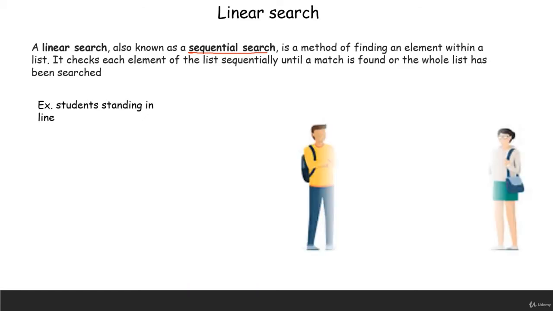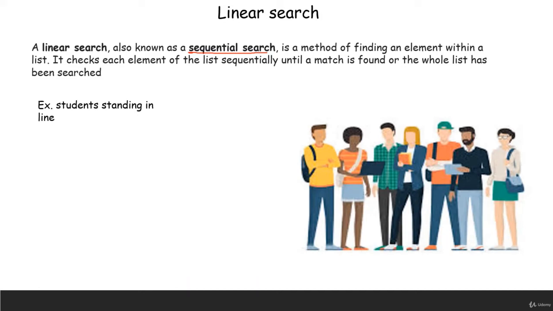For example, students standing in a line. There are some students standing linearly, or in a sequential manner, you can say. Now I want to find a student with a specific roll number.